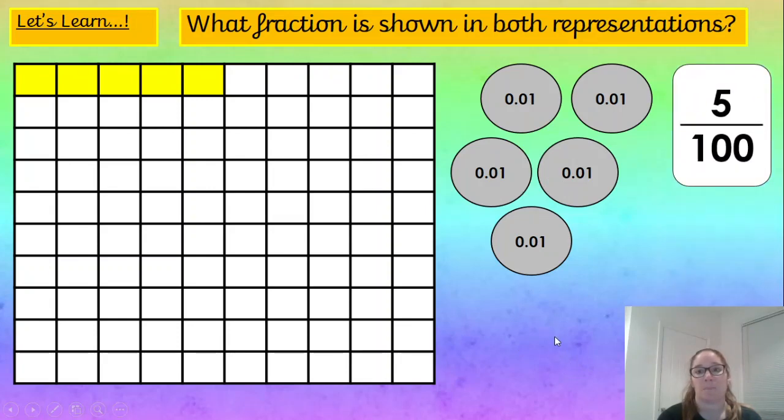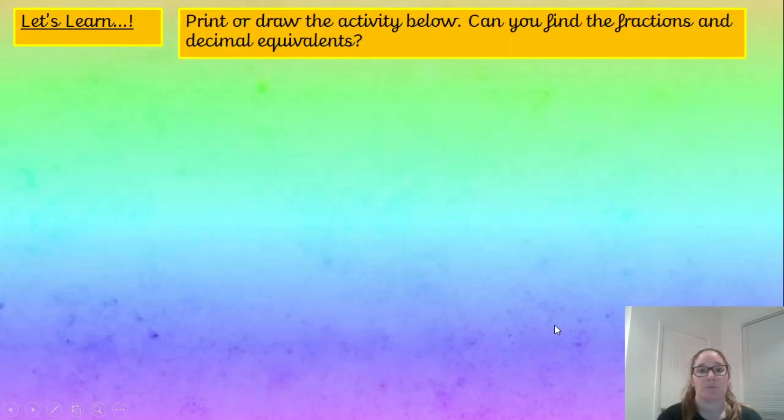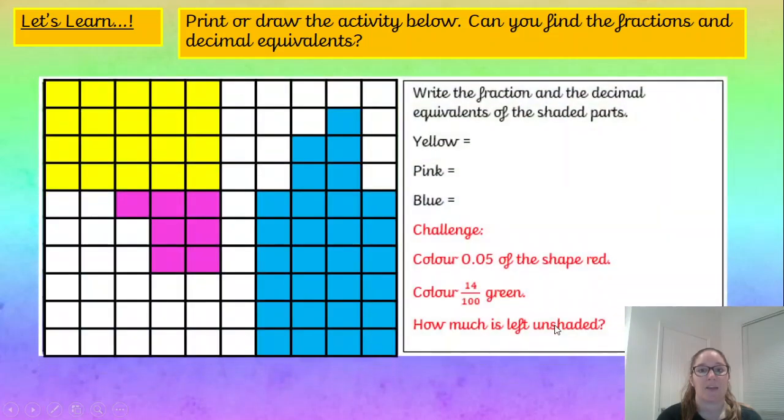Okay, have a go at printing or drawing this activity. See if you can find the fractions and the decimal equivalents. So you've got to find the yellow. How many yellow parts out of 100 do you have?